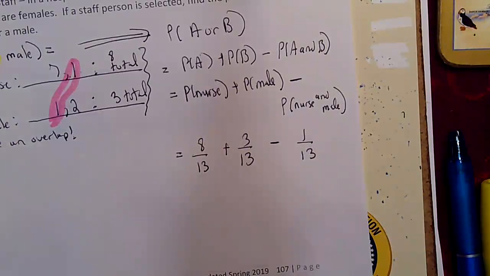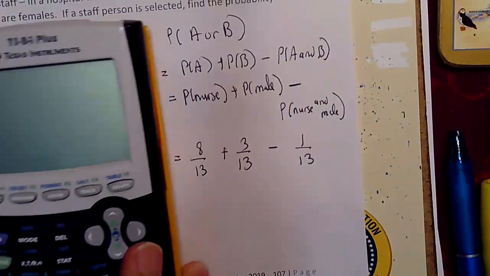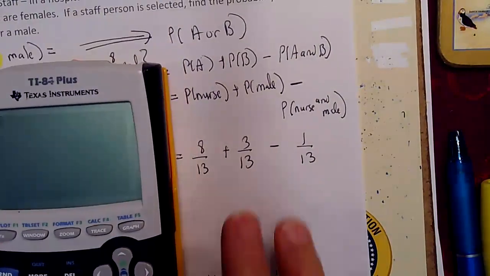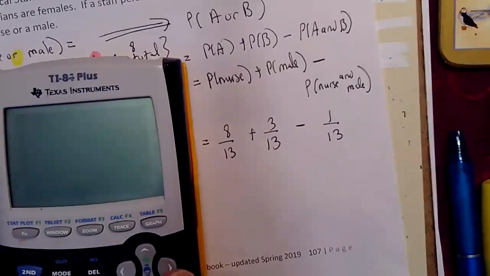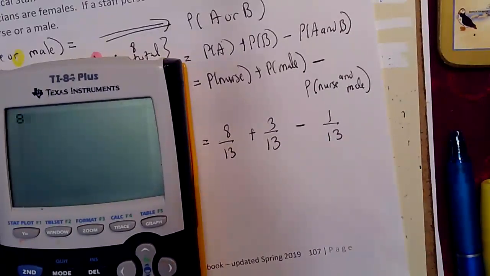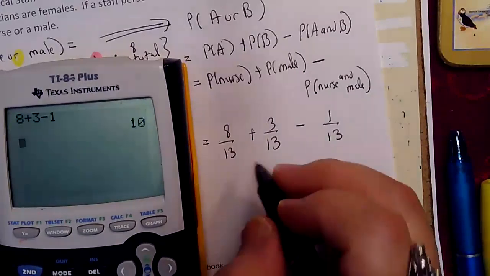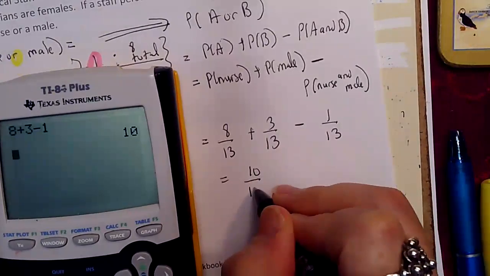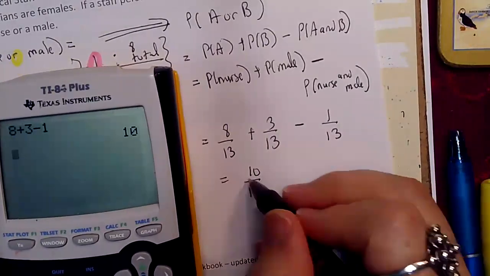Okay. And then on your calculator, whenever you add or subtract fractions, you have to find a common denominator. But the good thing is you already have a common denominator here. So we just do 8 plus 3 minus 1, which is 10 over 13.